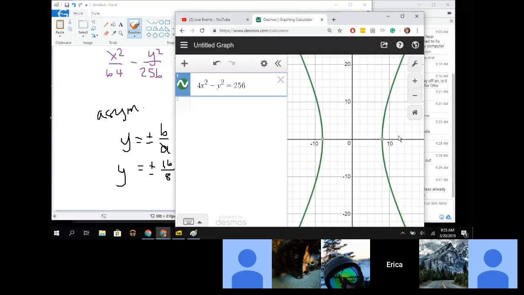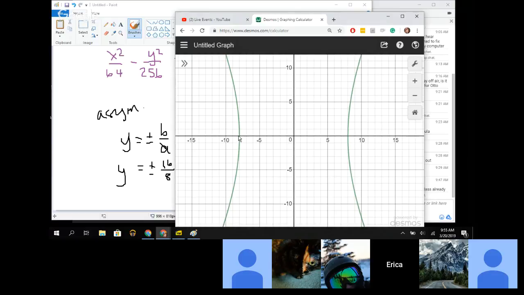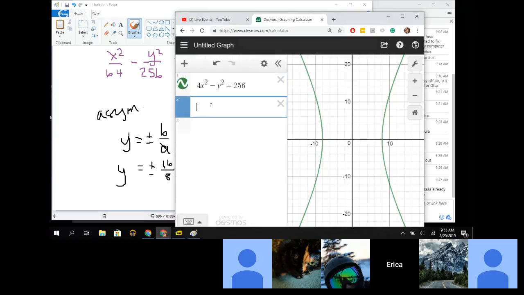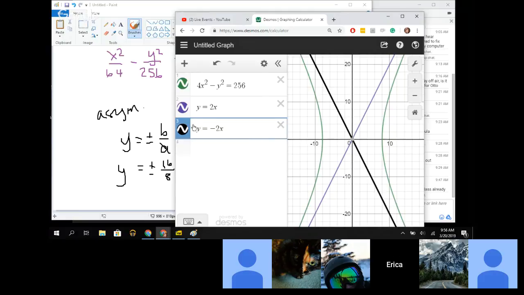Okay, so here's your hyperbola. Your vertex should be at negative 8, 0 and 8, 0. Or sorry, your focus are out here at 17 and 17. We should have an asymptote at y equals 2x and y equals negative 2x.